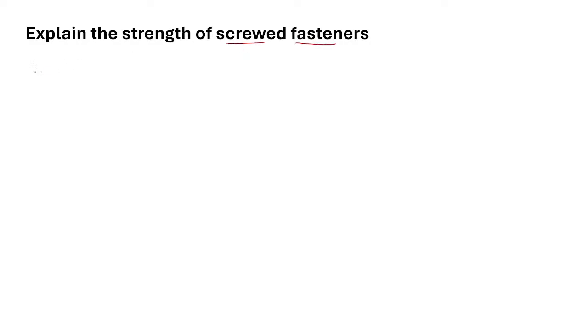Explain the strength of screwed fasteners. So here there will be two kinds of failures that are likely to occur. The first one is tearing across at the root of screw threads.